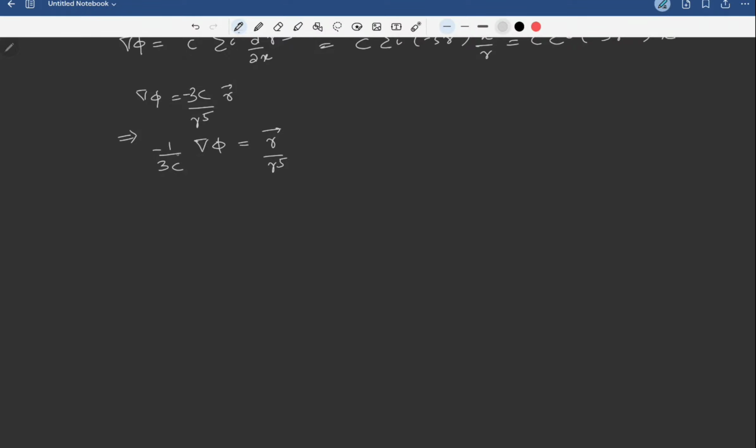So we have to take this term inside. It doesn't make any difference. Then we have del of minus 1 by 3c phi is equal to r by r raised to 5. So we have the final answer.